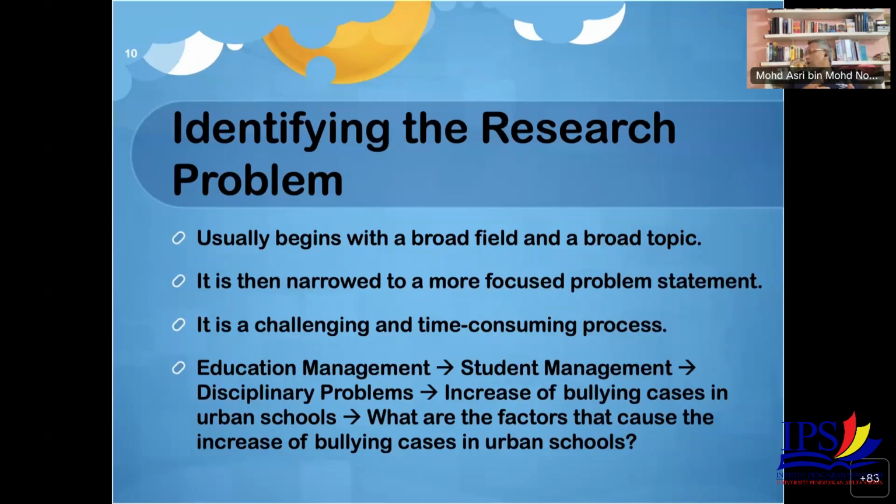So let's look at how we transform the research problem into objectives and research questions. For instance, our research area is on youth suicide. That's the research area. Our research topic is on factors associated with the incidence of youth suicide.